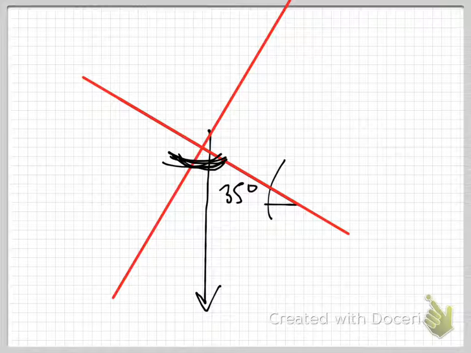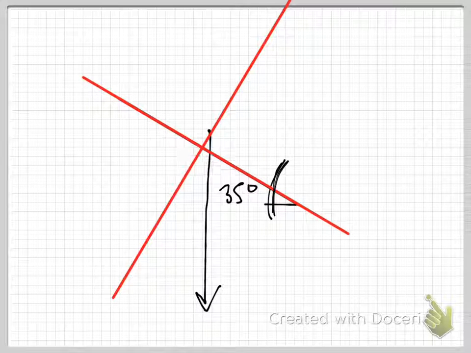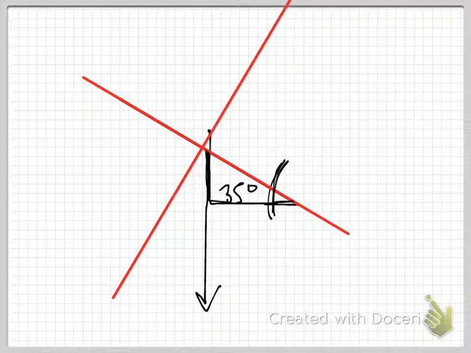So you all see, I think, typically, that, well, I told you this is 35. You all would agree then, let me get rid of this scribbliness, that this forms a right triangle. So this is the complement of 35, right?